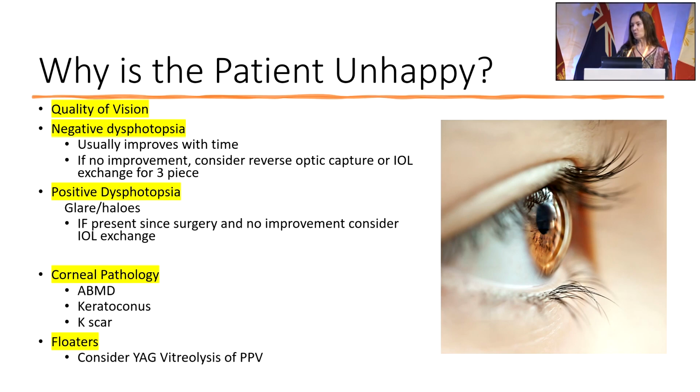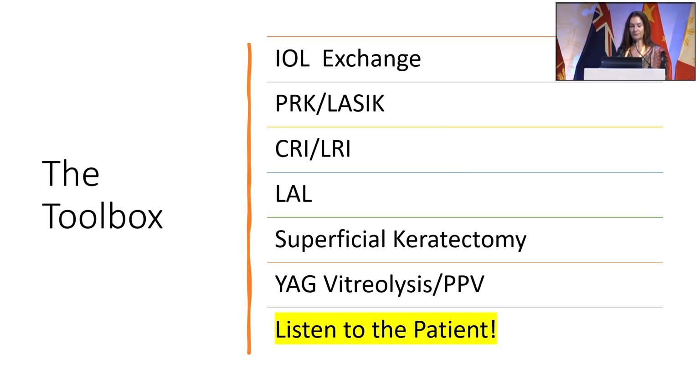You, of course, want to notice, is there any corneal pathology? If there's anterior basement membrane dystrophy or a corneal scar, keratoconus, then you need to address that first. And if it's floaters that are really bothering the patient, and everything else checks out, then you can consider a YAG vitreolysis or pars plana vitrectomy for floaterectomy.